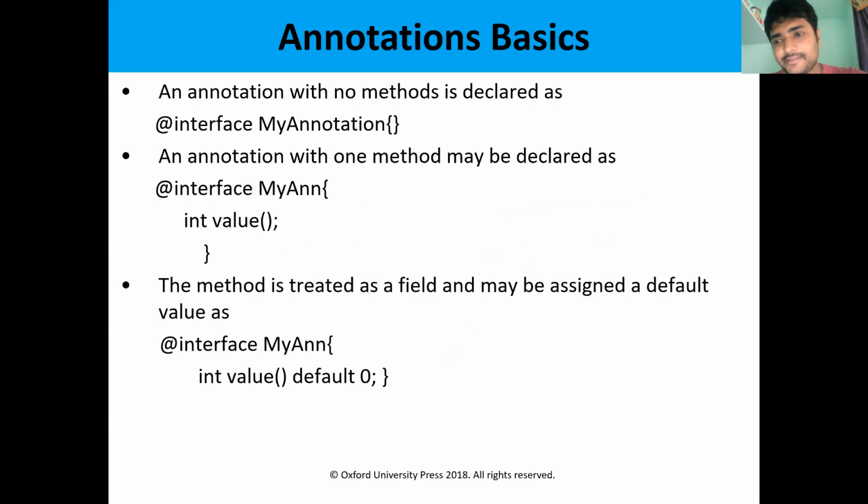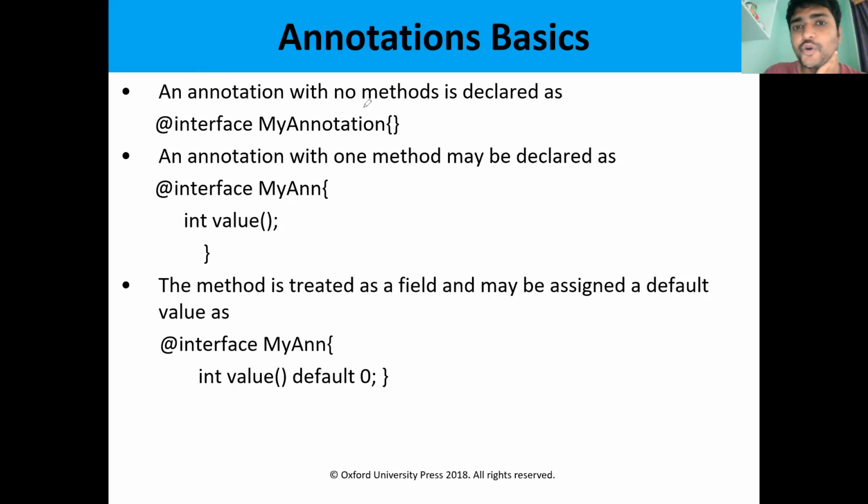So these are some examples of user-defined annotations. Let us check the syntax for it. A user-defined annotation can be defined by using the interface. By using the interface, you can define the annotations. So let us check the method.